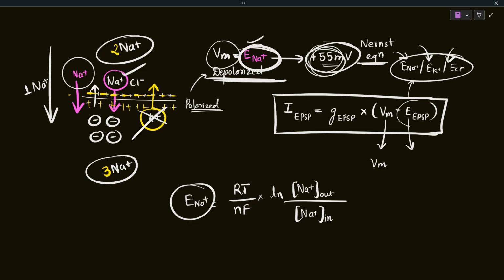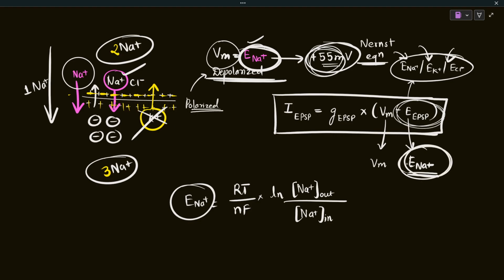So whatever equilibrium potential is generated will be due to sodium ions, because there is only one ion which is moving, and that is sodium ion. So the equilibrium potential of the postsynaptic membrane will be equal to ENa.